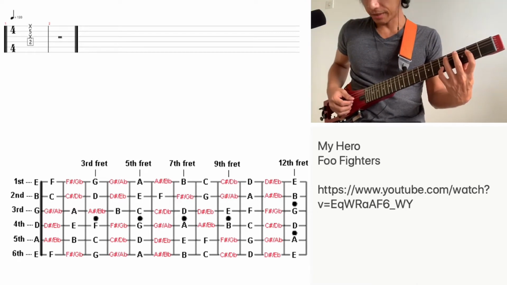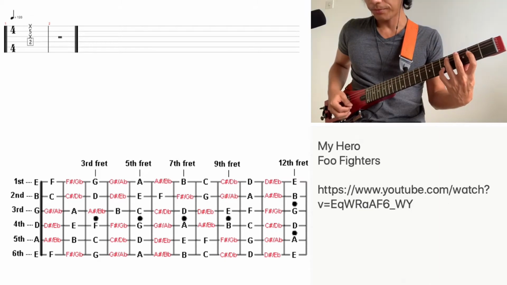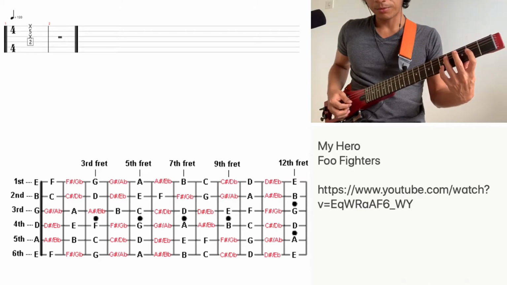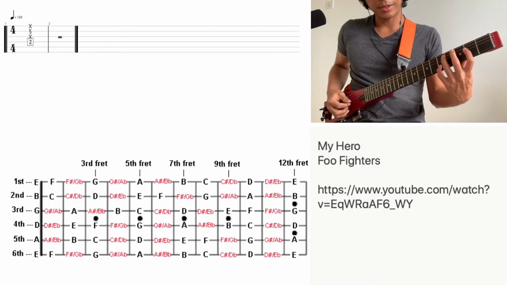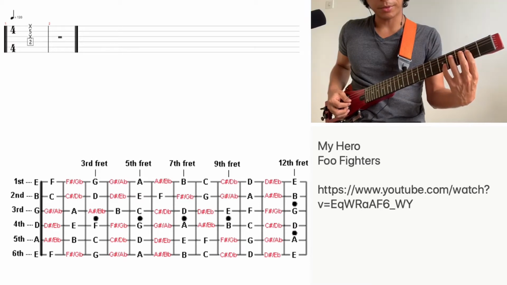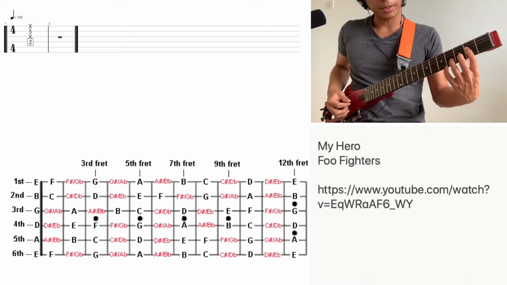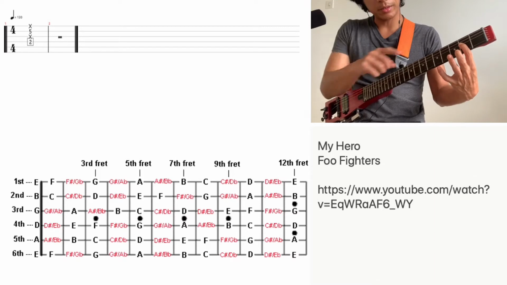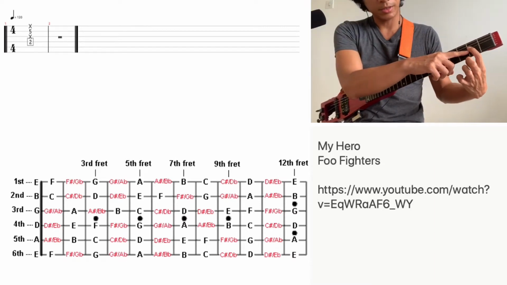The X means that you don't have to strum that string. So how do you not strum that string? You can cheat by just touching a little bit of the string with your fingers. For example, my pointer finger is pressing the 4th string, but the bottom part of my pointer finger is also touching the 3rd string.